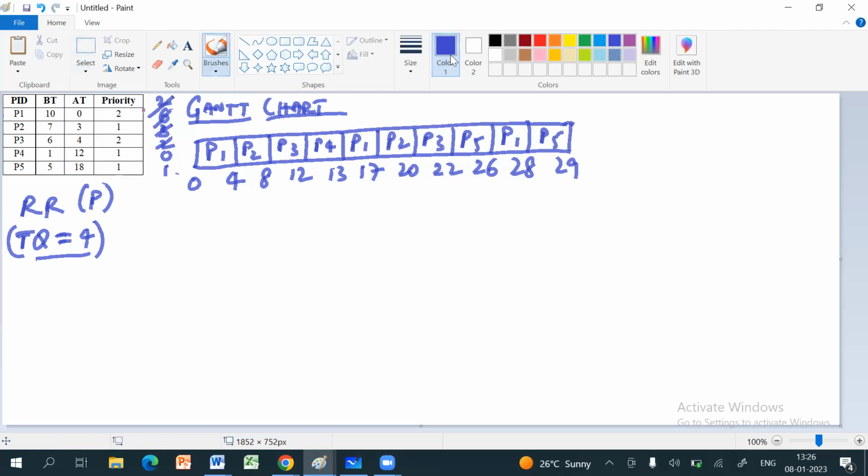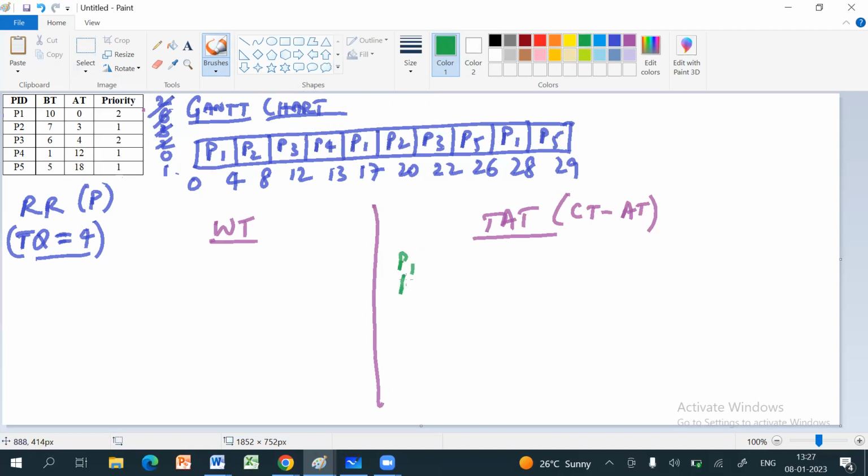Okay. Now let's go for the computations of your wait times and turnaround times. So again, as I've mentioned earlier, compute the turnaround time first using this formula. That would be easier for you to compute wait time. So turnaround time for P1, P2, P3, P4, P5, all the processes you can compute using completion time minus the arrival time.